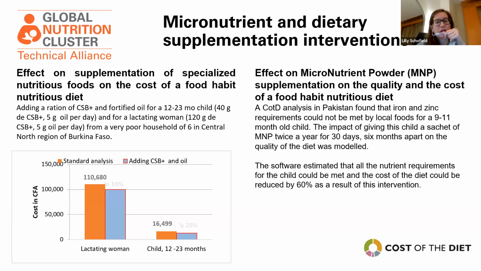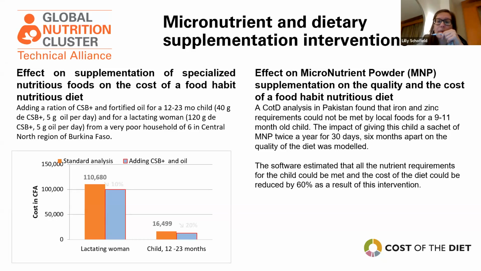Another example that's often modeled within cost of the diet assessments is multiple micronutrient powder interventions. This is particularly useful in contexts where there's not a lot of access to a diverse diet.